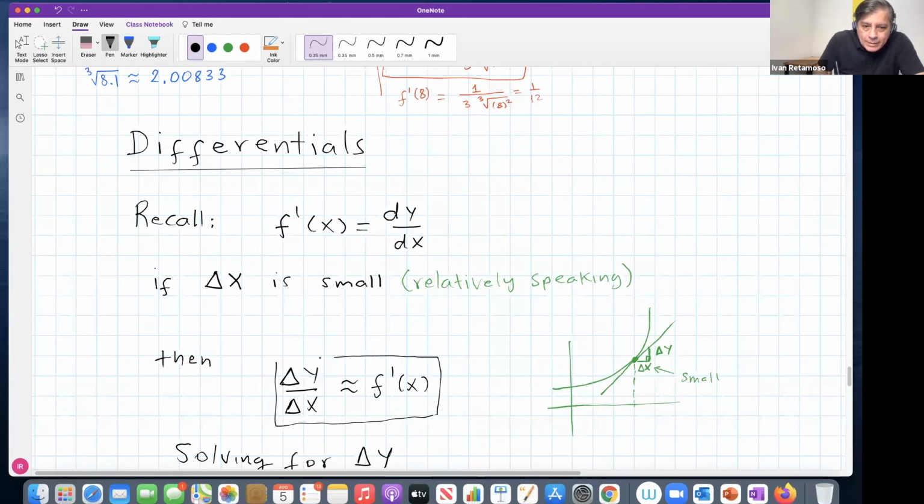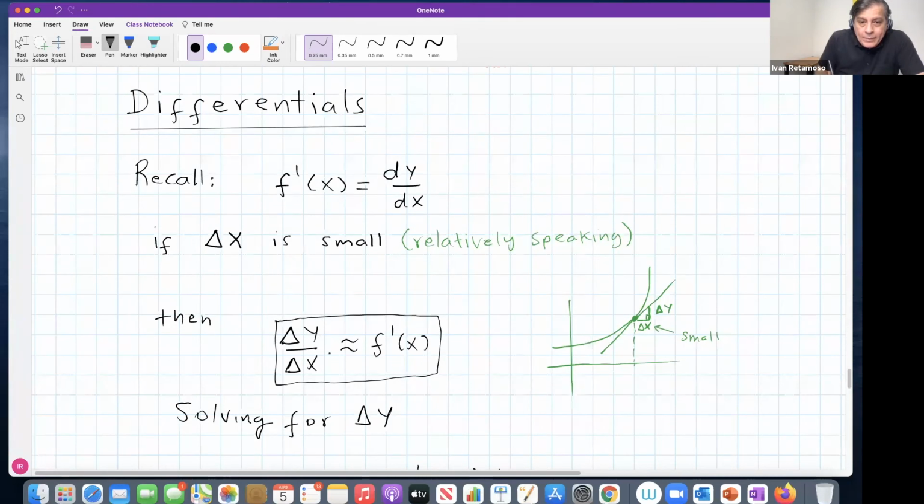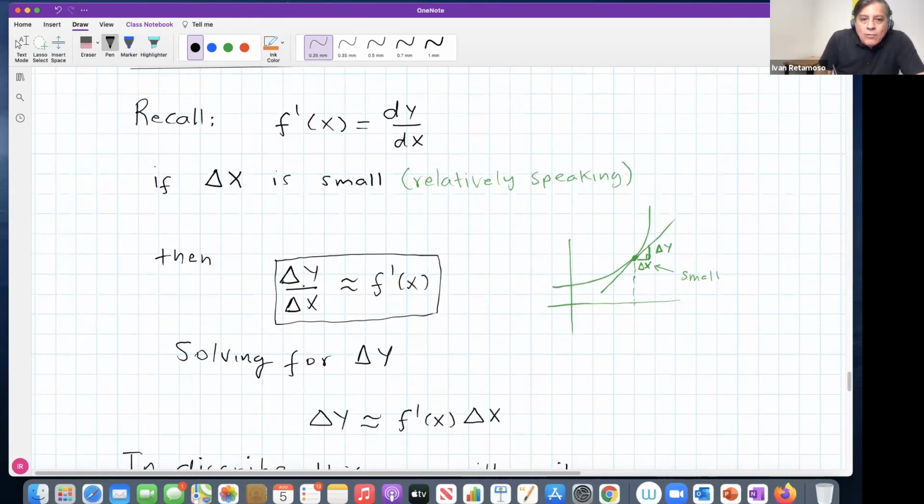They are approximately equal. Now, if we accept that these two are approximately equal to each other, then we can solve for delta y by multiplying both sides of this equation by delta x. So if we do that, delta x goes multiplying to the right side, right? So we end up with this: delta y equals the derivative of f of x times delta x.